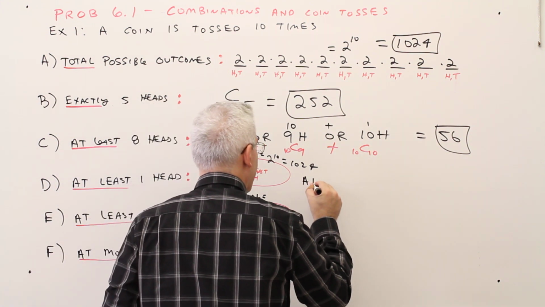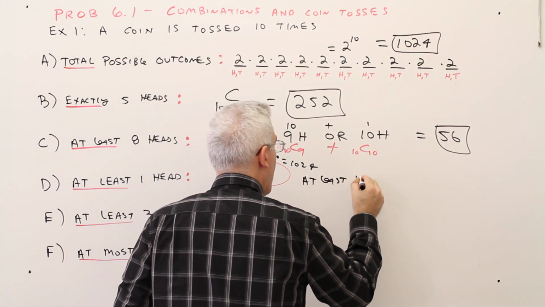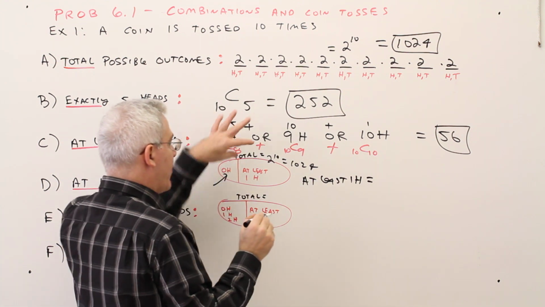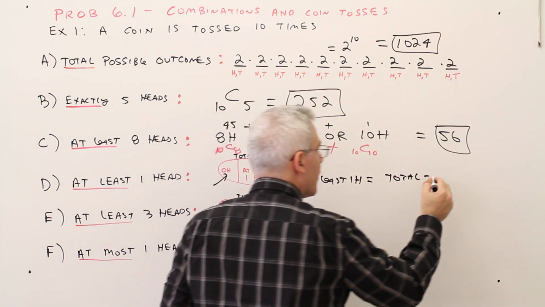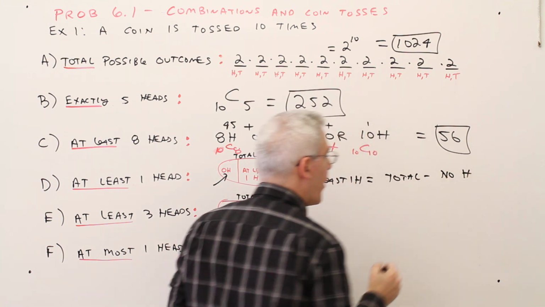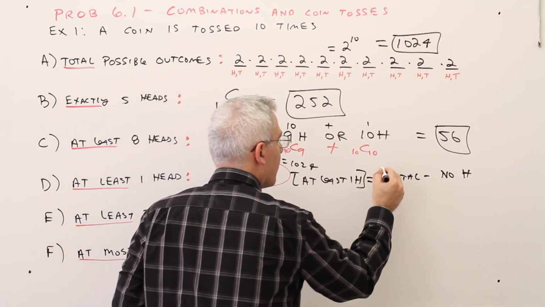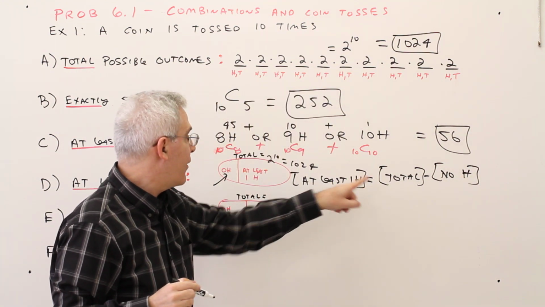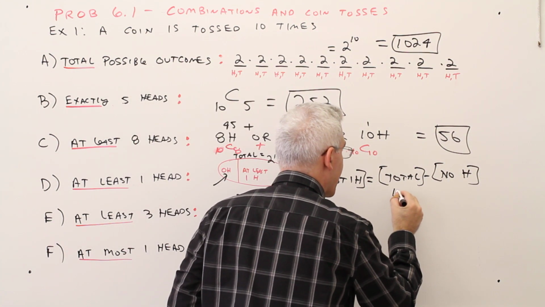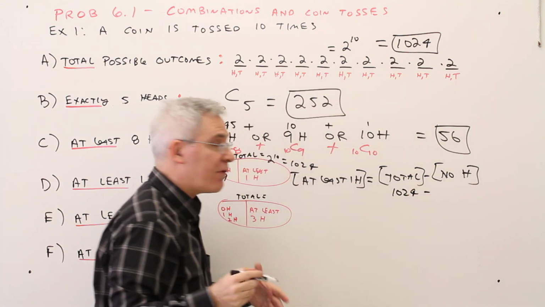So at least 1 head is the same as the total minus no heads. At least 1 head equals a total of 1,024 minus no heads.